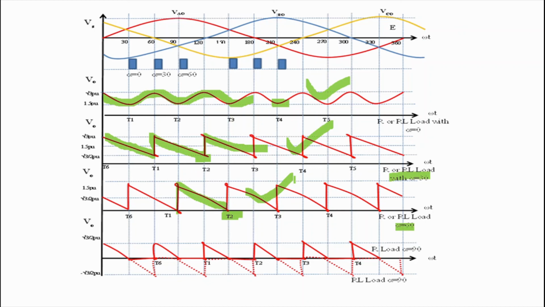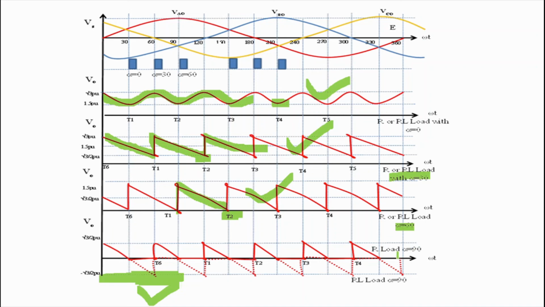Now what happens if alpha is greater than 60 degree? Then the minimum value of output voltage becomes negative. Now two cases arise.